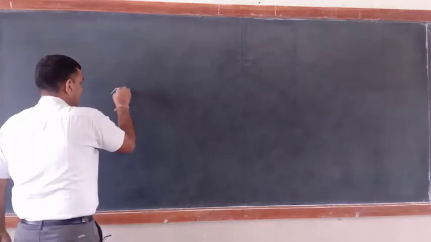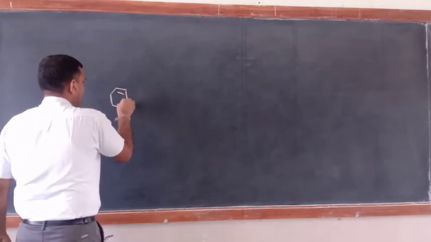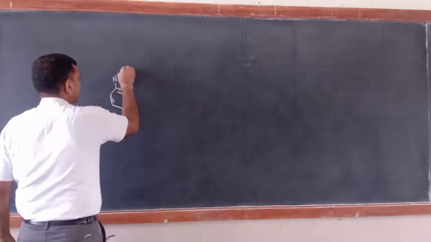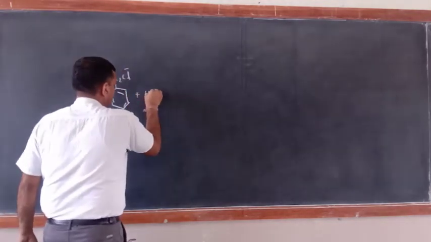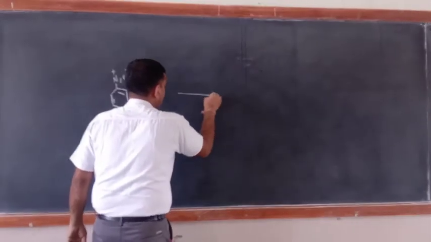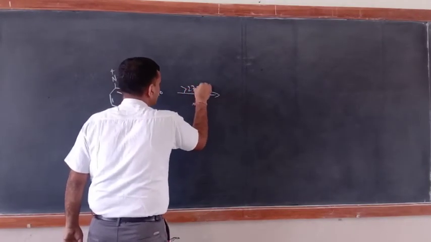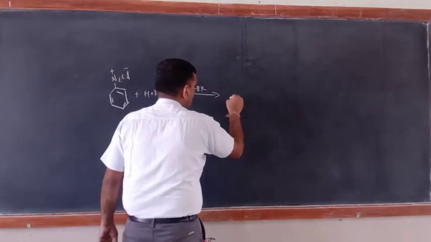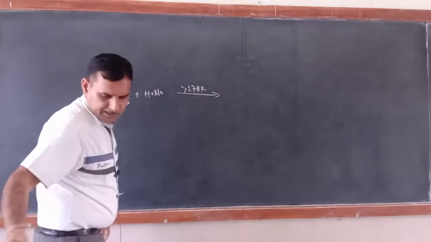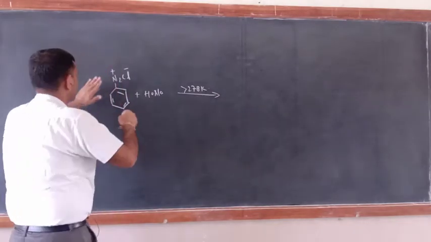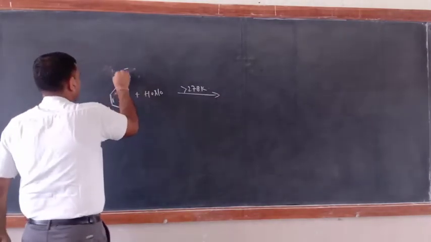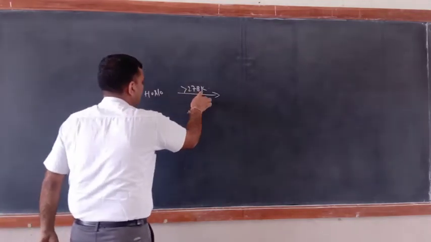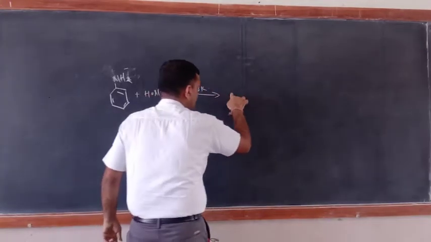If the temperature is beyond 278 Kelvin, you will not get benzene diazonium chloride.